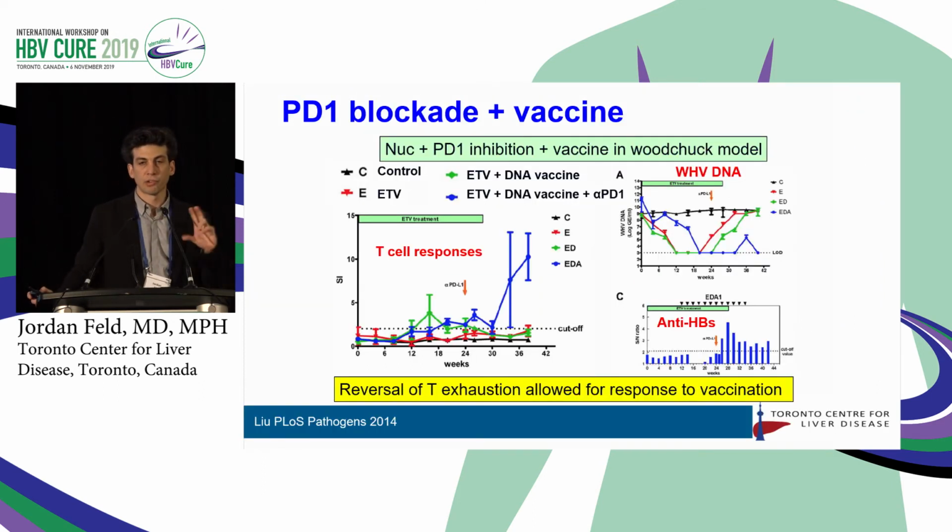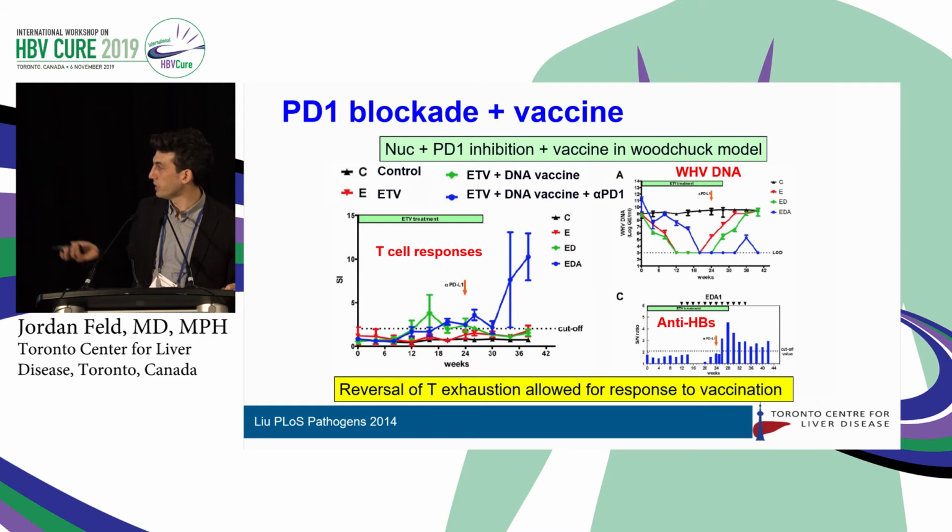So on the one side, that's taking away the antigen block. The alternative would be taking away something else that's happening here: immune exhaustion. These data were published a few years ago showing that if you use a PD-1 inhibitor and then add in a vaccine, you basically make your T cells more responsive to the vaccine.